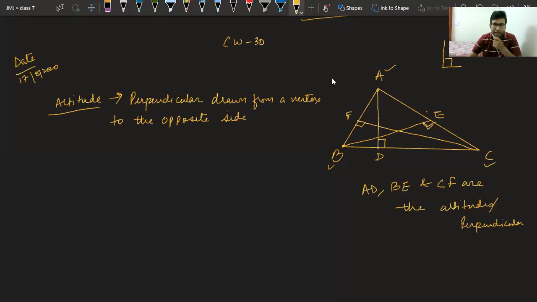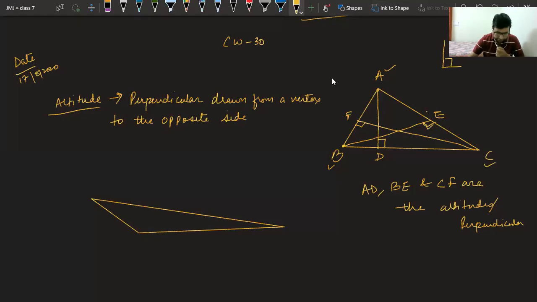altitude can be outside the triangle also, as we have seen in question number 2, third part, in which the altitude is coming outside. So that is possible. In triangles known as obtuse angle triangles, we have that case.